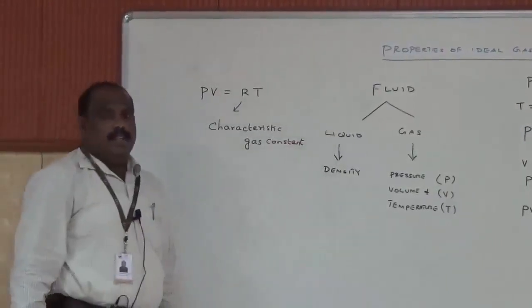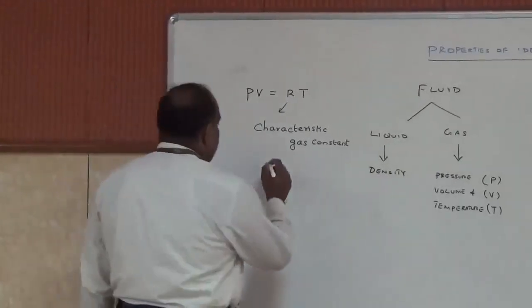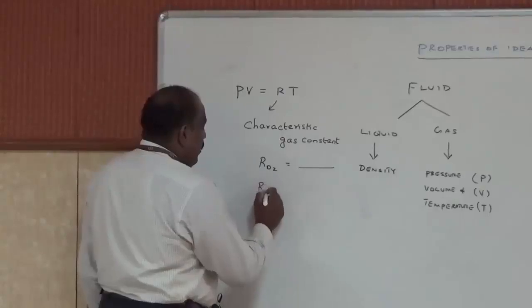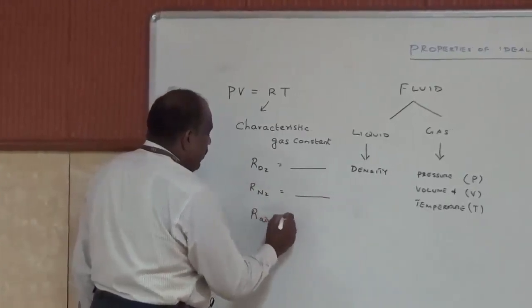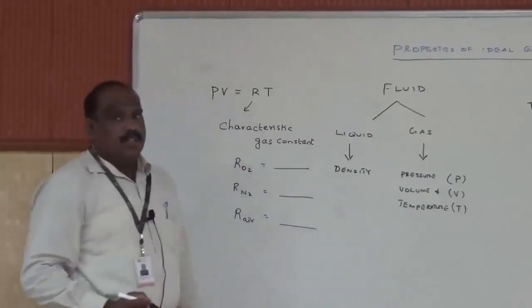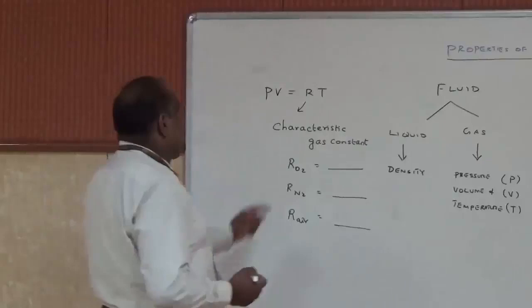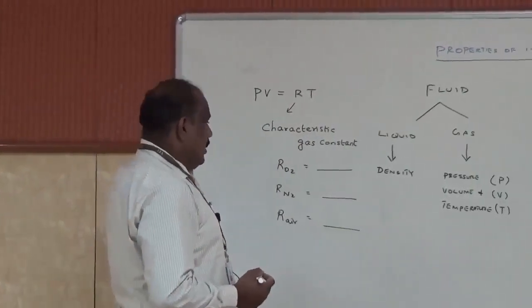which means this R value will vary for each and every gas. That is, R of oxygen will have a definite value, R of nitrogen will have a definite value, R of air will have a definite value. So it is not going to be constant, it will vary with respect to the gas, and hence it is called the characteristic gas constant.